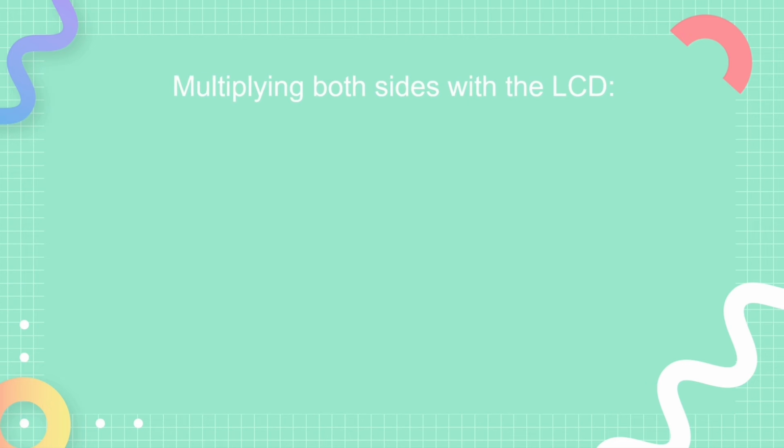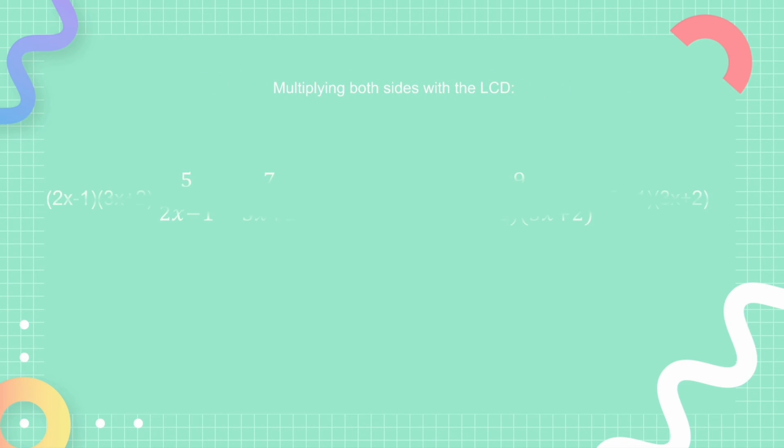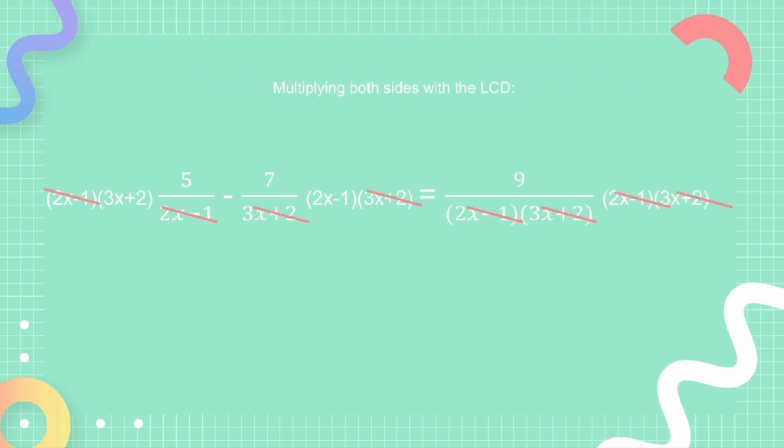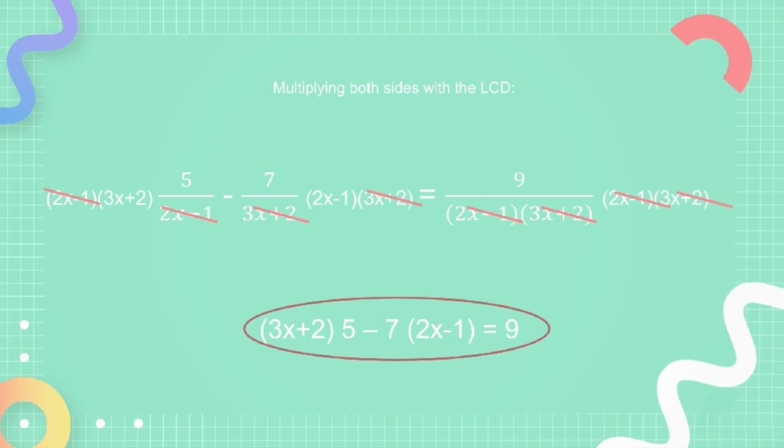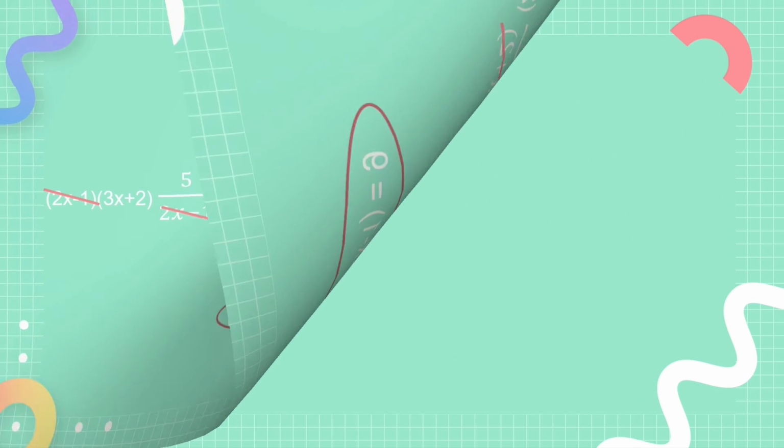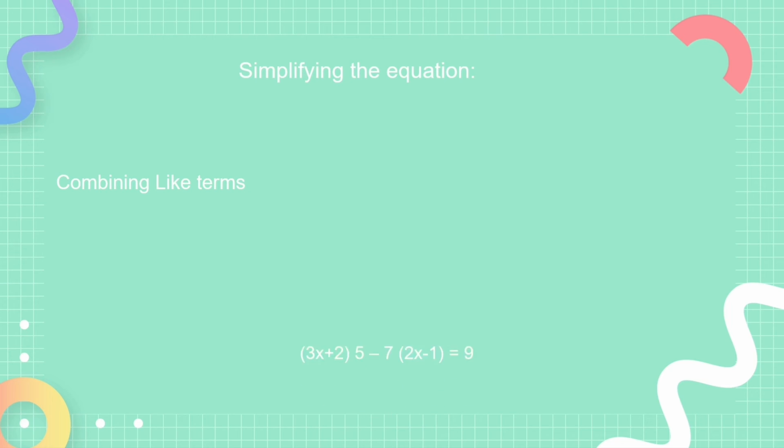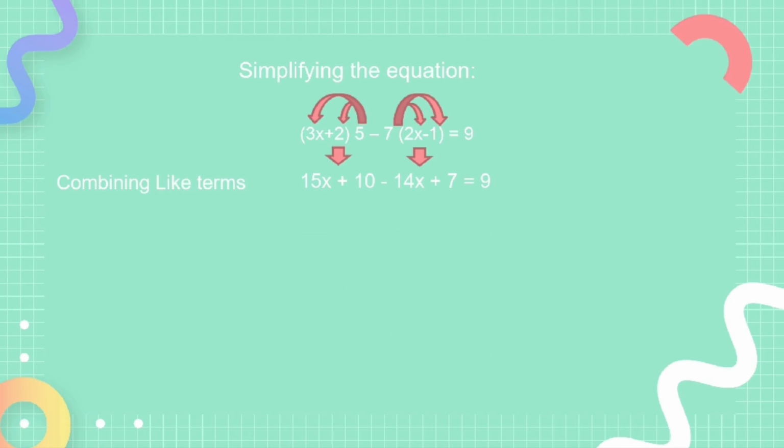Next, we multiply the LCD to both sides and eliminate the fractions so that our equation will now be 3x plus 2 times 5 minus 7 times 2x minus 1 is equal to 9. To simplify, we distribute the constants to make it into 15x plus 10 minus 14x plus 7 is equal to 9.